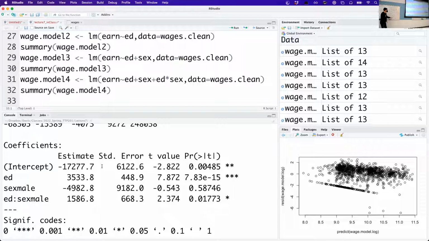But for males, you modify the slope so that it's 3,500 plus 1,500. So that's like 5,000 per year of education for males here. And so this will have a steeper slope and it'll look something like this, based on the values that we're seeing coming out of the model. Okay.